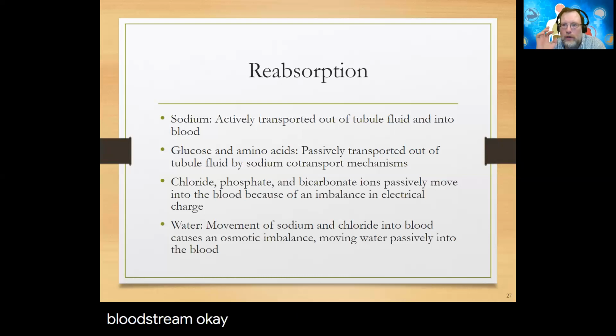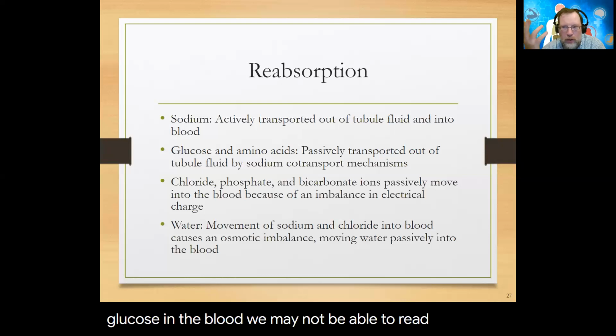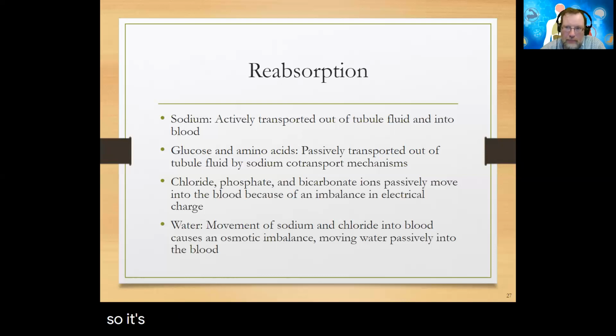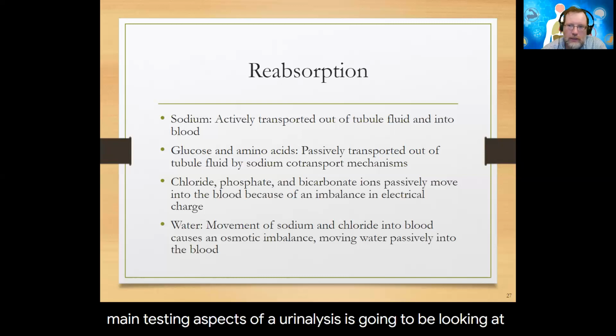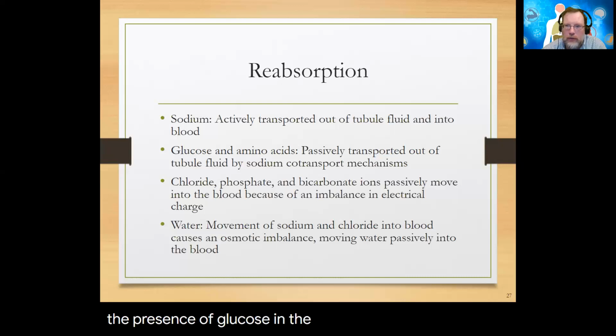Okay, if we have an excess amount of glucose in the blood, we may not be able to reabsorb all of it, so it's going to escape into the urine. So one of the main testing aspects of a urinalysis is going to be looking at the presence of glucose in the urine.